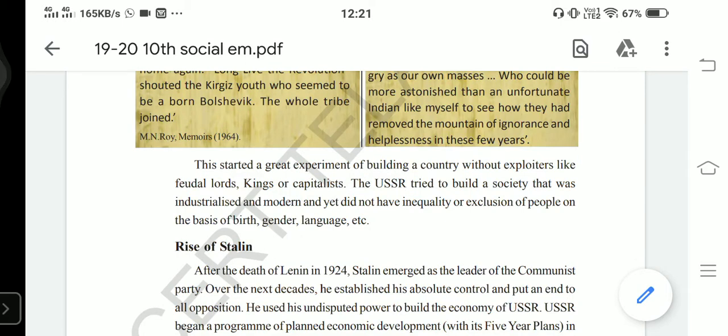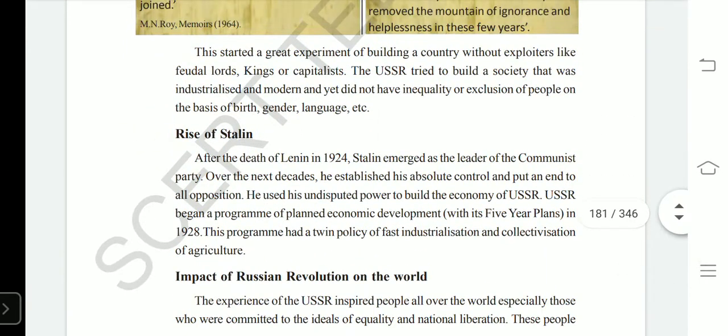Now we will see the rise of Stalin. Yesterday we saw the Russian Revolution, in which the Bolshevik party succeeded in overthrowing the tyrannical rule of the czars. Right?